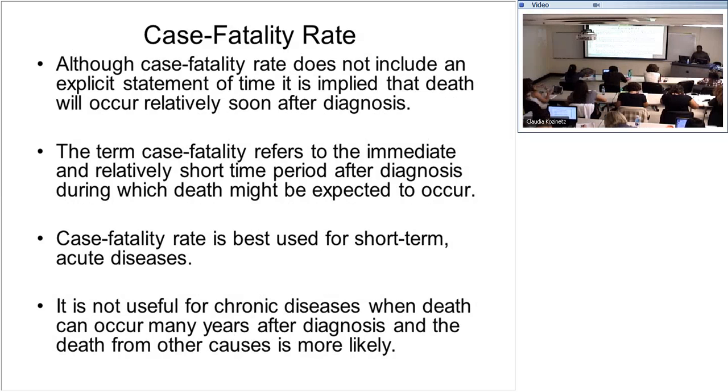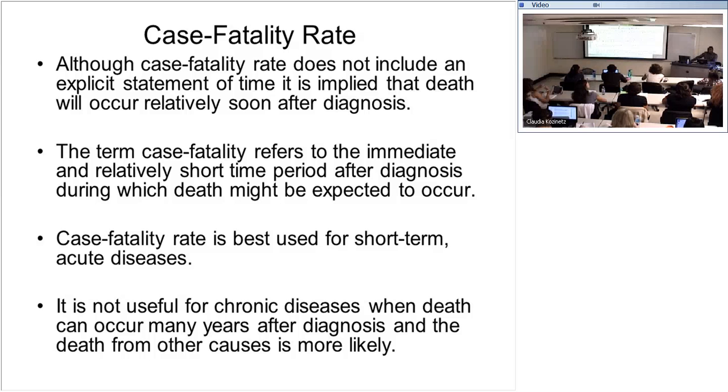expected to occur. And it is the best measure for a disease that has a short course, because if the disease has a very long course, then other factors complicate computing risk, because if you survive from one cause, then you increase the risk of dying from the other.